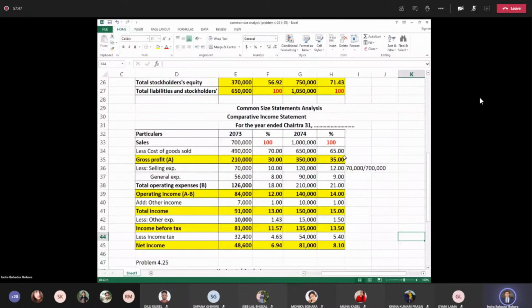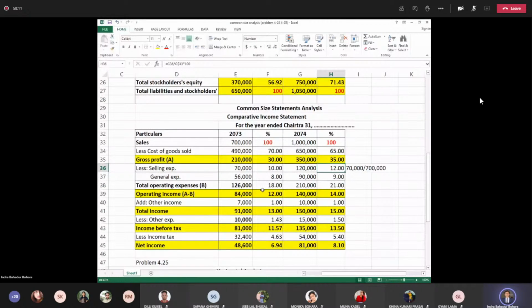Net profit can be increased, or net profit margin or net profit ratio will be increased. And similarly, selling expense went from 10% to 12% due to the sales increase. And similarly, general expenses also increased by 1% here.